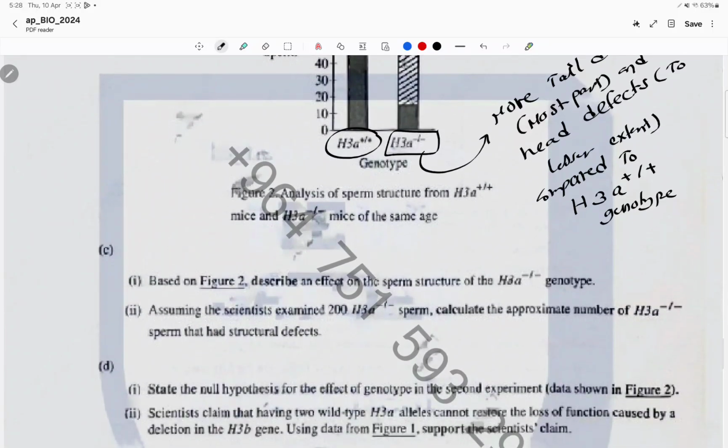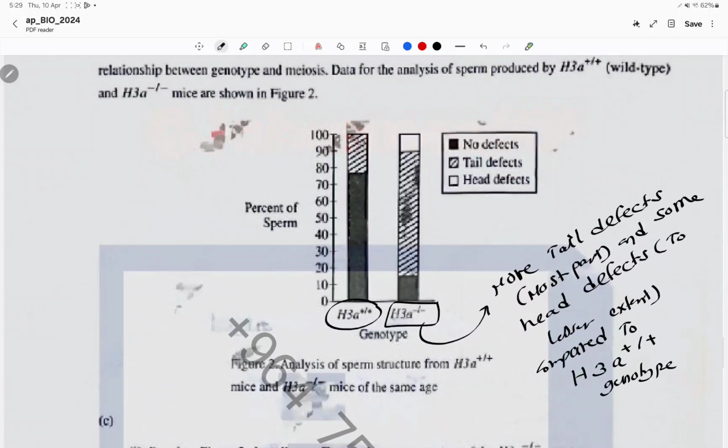CII, assuming the scientists examined 200 H3A minus sperm, calculate the appropriate number of H3A minus sperm that had structural defects.